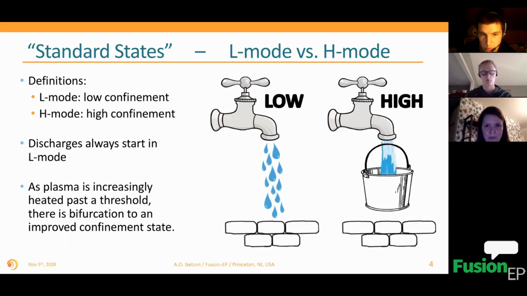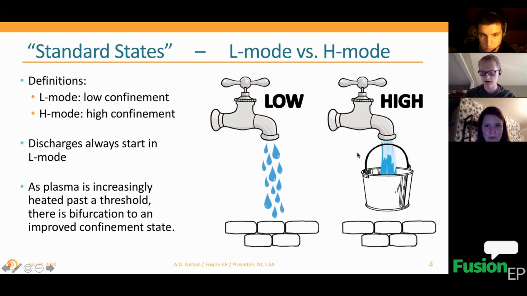If we think about what this means in terms of how the different regimes are formed, L-mode, like I said before, is a low confinement mode, where we just turn on some faucet or some heating source, right? And that heating source is going to just, in steady state, everything goes in, has to come out, and so it will run straight to the machine wall.